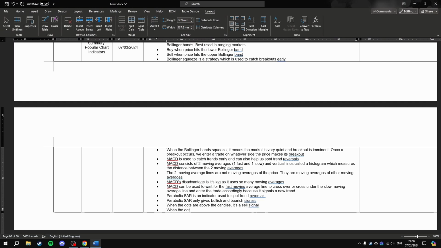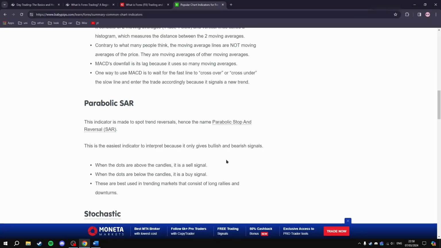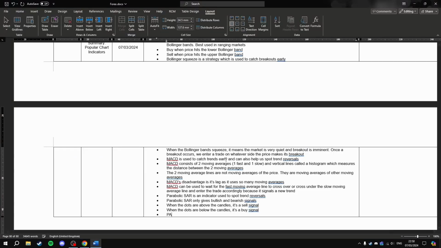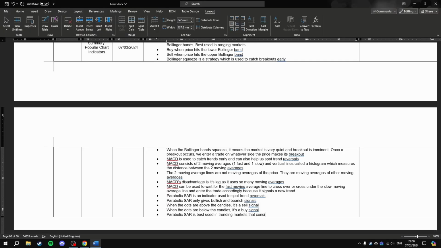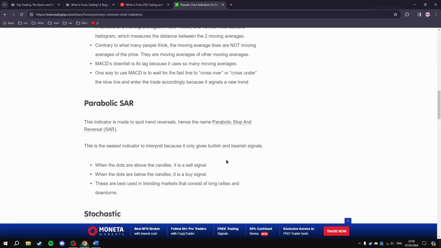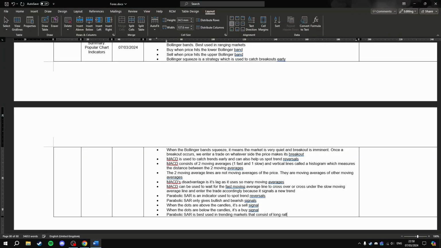When the dots are below the candles, it's a buy signal. Parabolic SAR is best used in trending markets that consist of long rallies and downturns.